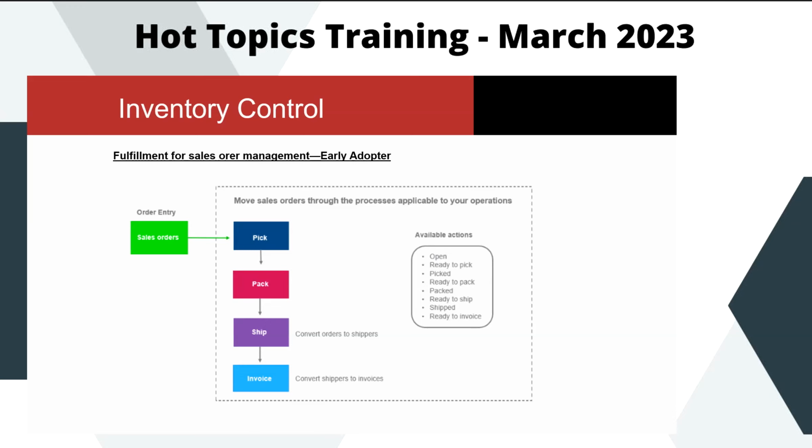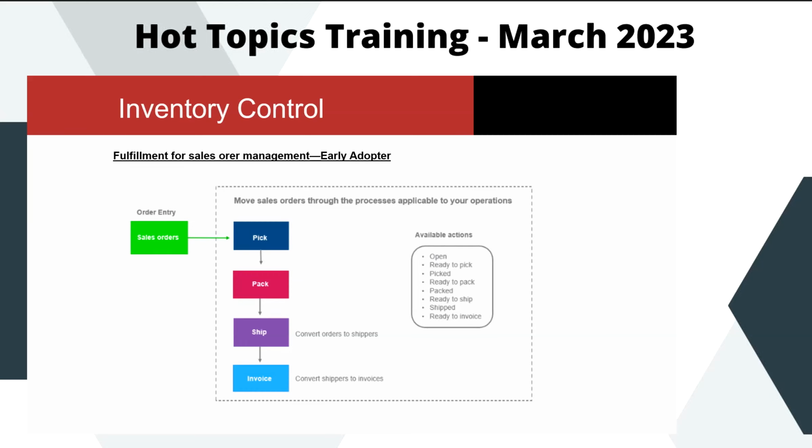You have your available actions that will allow you to gauge where in the process your inventory is held. So you have where you can go from open to ready to be picked. Once that item is picked, you can have it be set up to be ready for pack.